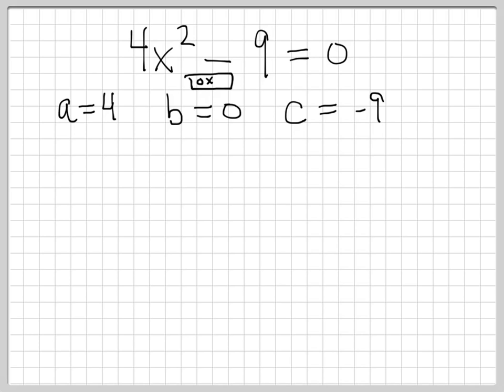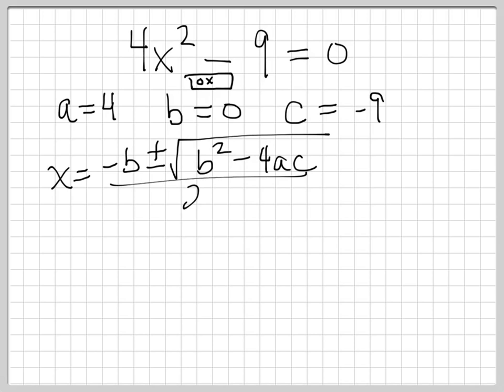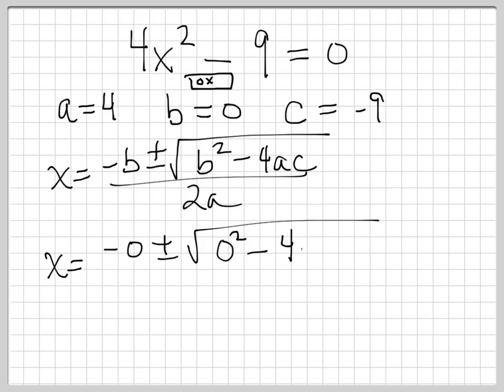And so when we try to use the quadratic equation, x equals -b plus or minus the square root of b squared minus 4ac all over 2a, what we get is -0 plus or minus the square root of 0 squared minus 4 times a, which is 4, times c, which is -9, all over 2 times a, which is 4.